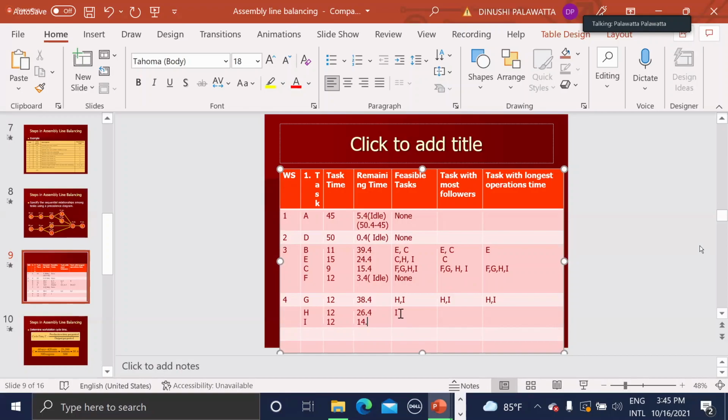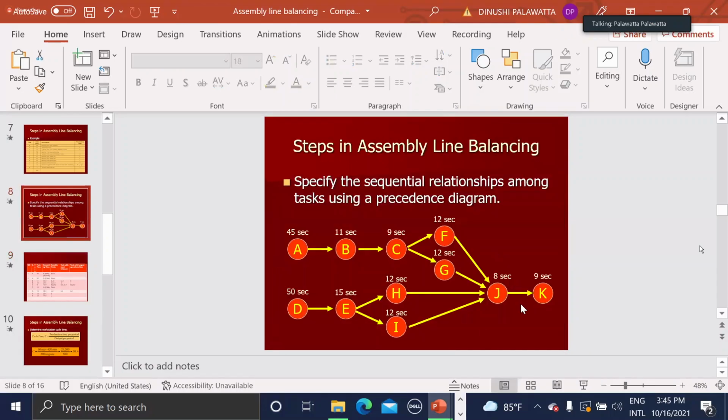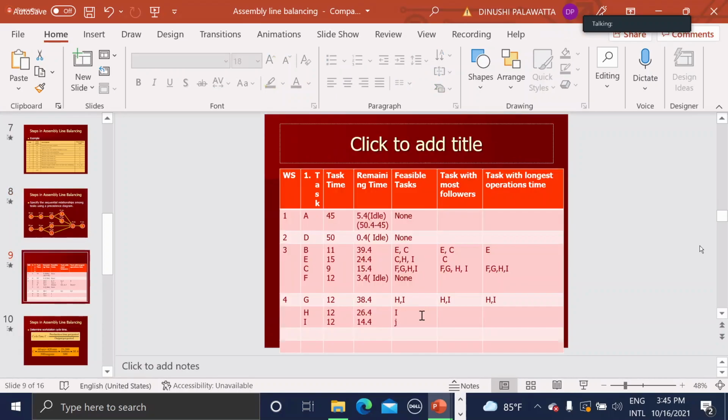The feasible task is going to be J. F, G, H, I are all allocated, so only J remains.